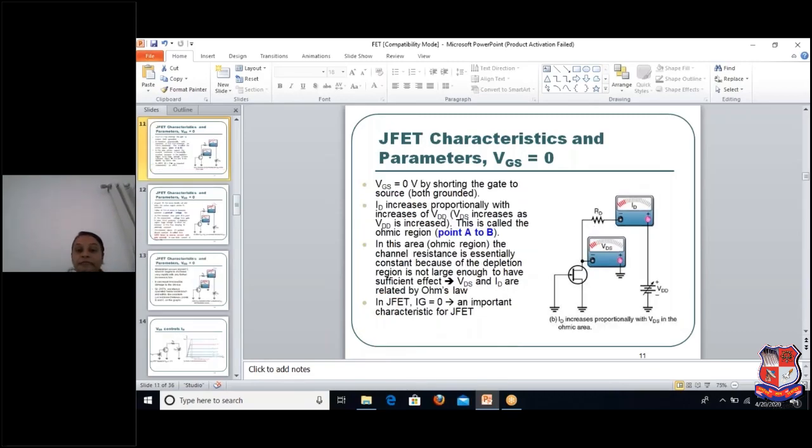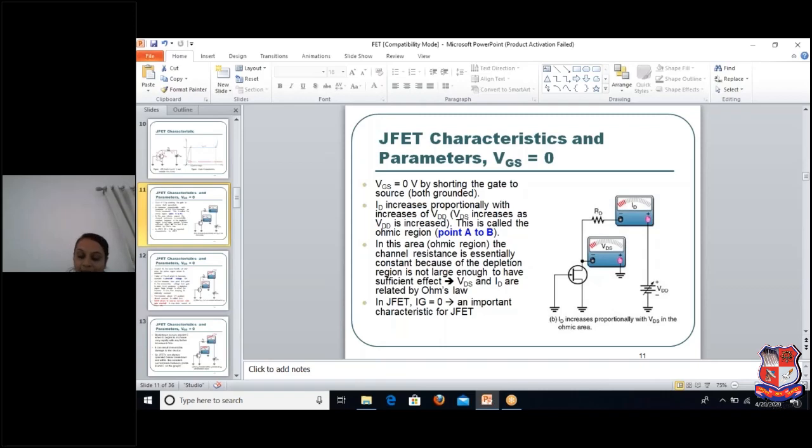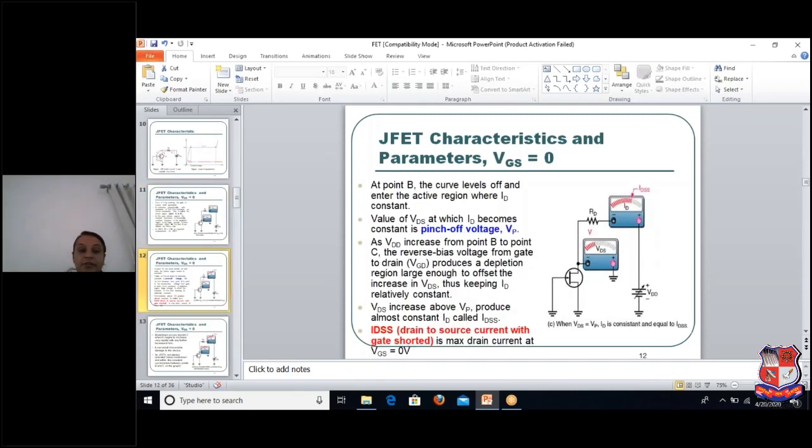Now we will discuss what happened later. At that time your VGS equals 0, because IG equals 0. As VDD increases from point B to point C, the reverse bias voltage from the gate to drain produces a depletion layer large enough to offset the increasing VDS, keeping ID relatively constant.